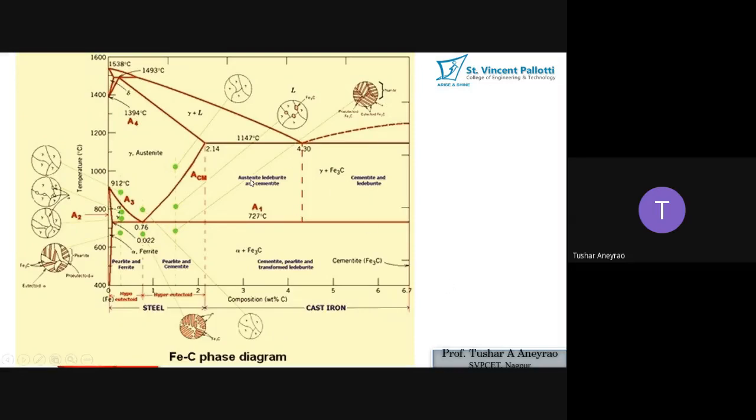And here, less carbon is there, so more liquid is prone to get converted into austenite, because austenite is stable up to 2.14 percent of carbon.